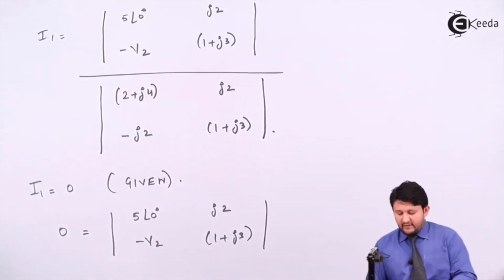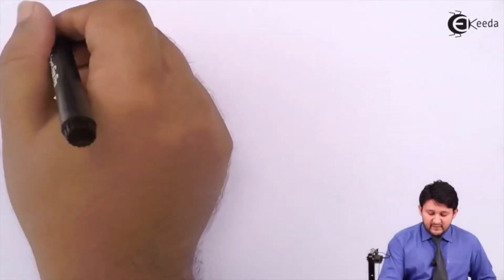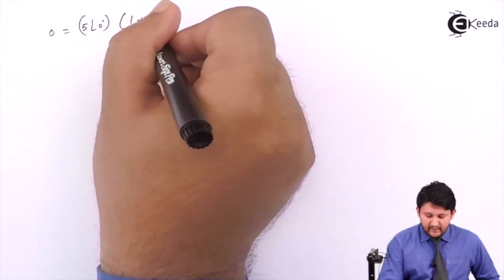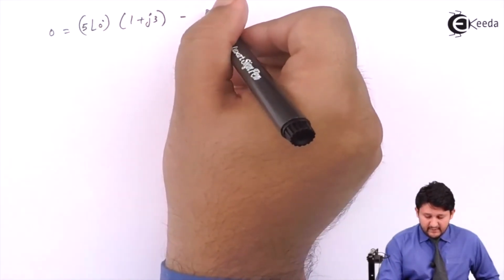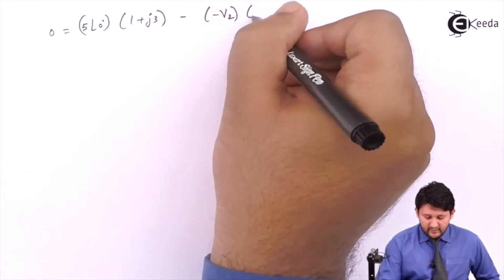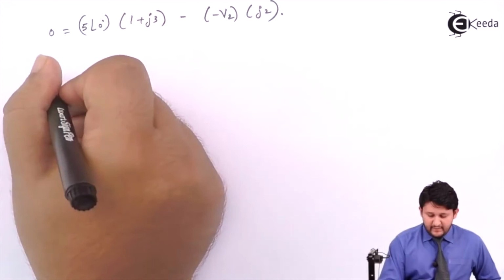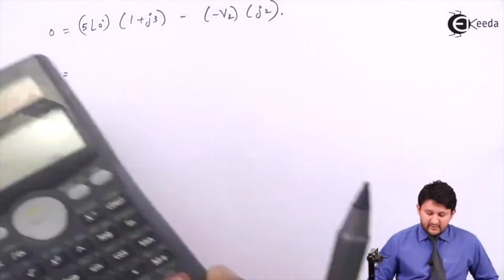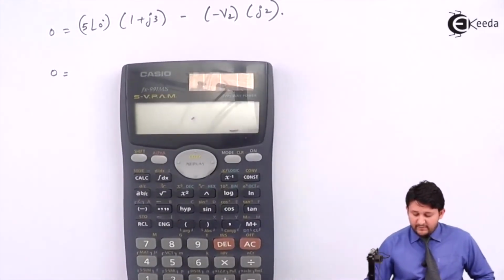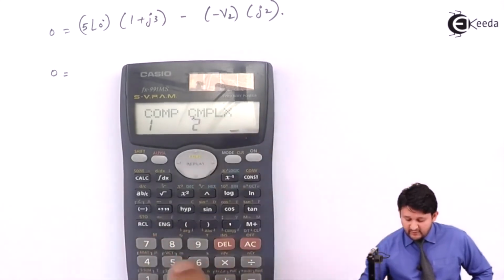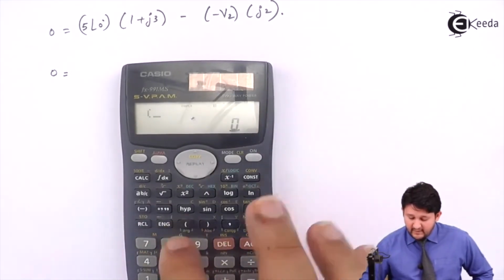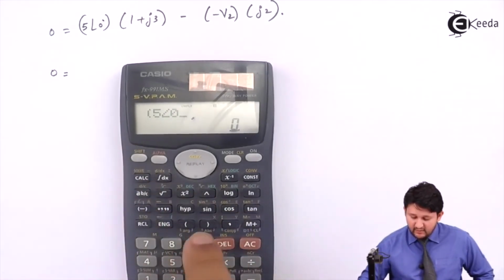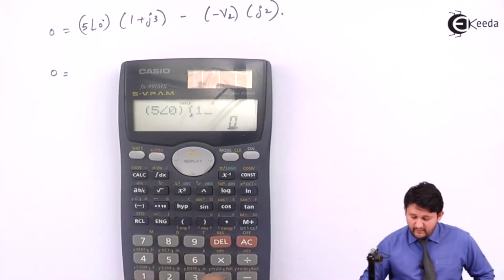Cross multiply and simplify the equation, and you will get 0 equal to 5 angle 0 times (1 plus j3) minus V2 times j2. Multiply these two terms. Just make sure you set your calculator to complex mode. Enter 5, shift for angle, 0, bracket close, then bracket 1 plus.